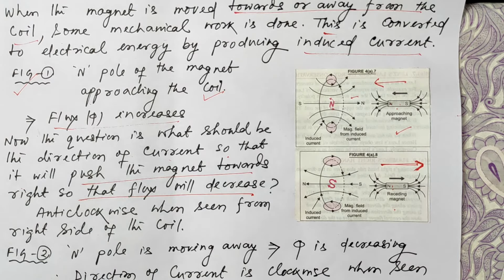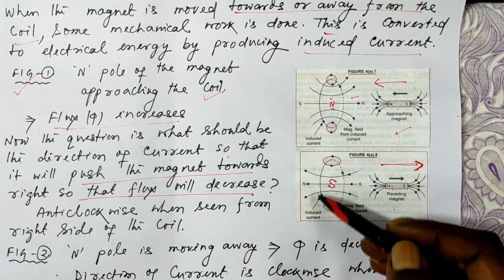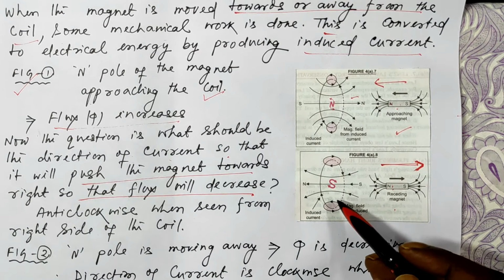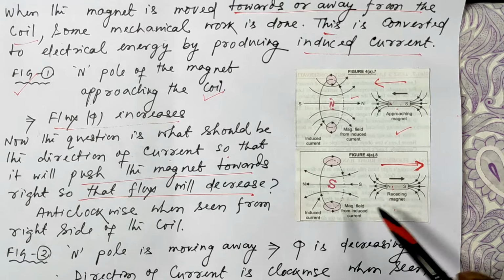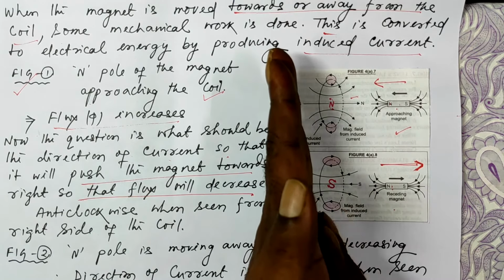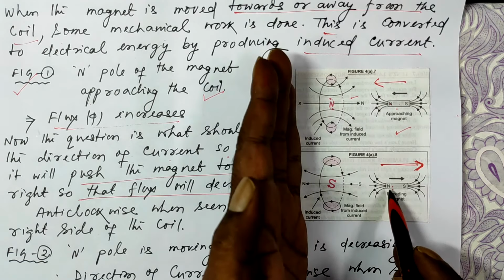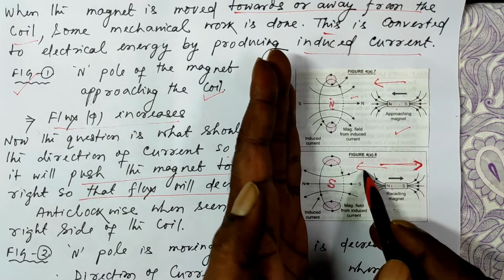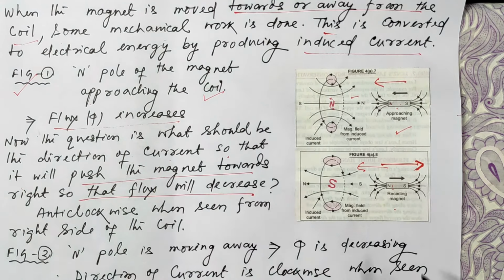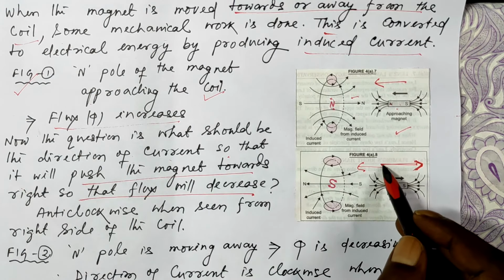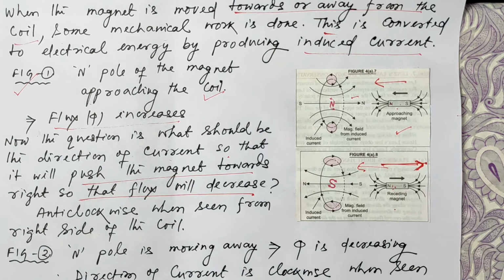it has to increase. Then how will it increase? This coil, which is carrying current, now behaves as a magnet. If this side of the coil behaves as a south pole, it will pull this north pole towards this side. That will increase the flux. I was taking this magnet to this side, so the flux through the coil was decreasing.